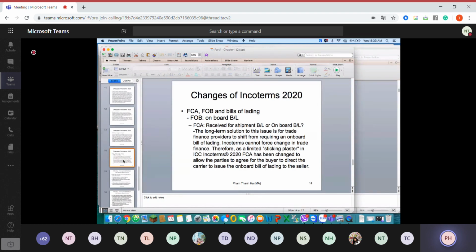However, if we use other kinds of transportation modes like a truck, a railway, or an airplane, then for the FCA, of course, the delivery point must be totally different from the point of delivery related to the FOB, especially for container goods.